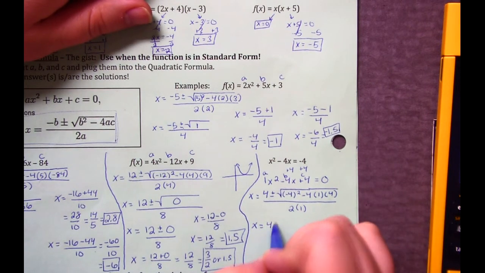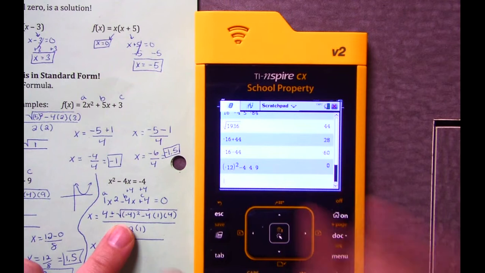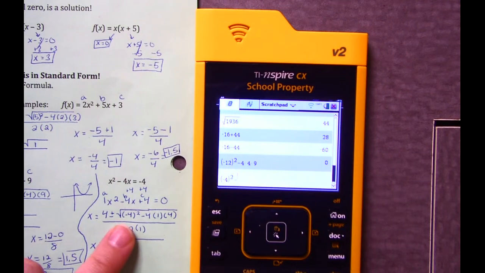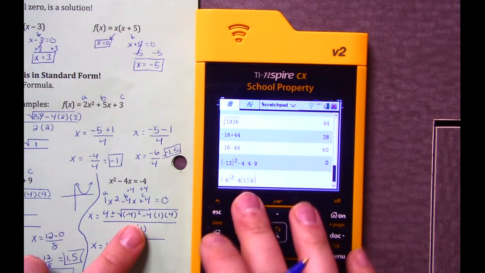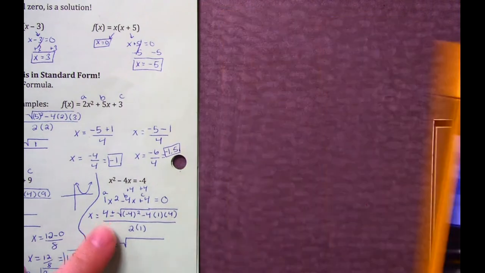So x equals 4 plus or minus the square root of. Now let's type in what's underneath there to simplify. So in parentheses we have negative 4 squared minus 4 times 1 times 4. So this is just exactly what's underneath my square root symbol here. Just all that stuff. Enter, and that also equals 0.